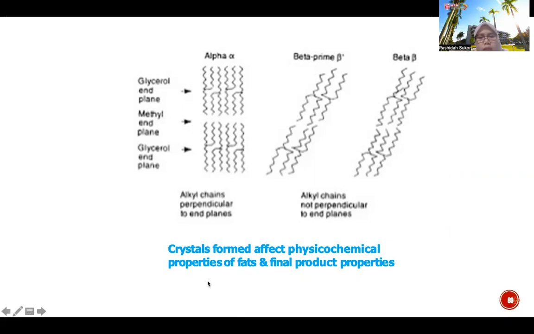There are actually many factors that affect physical chemical properties of fats and final product. Normally, bachelor students will study this type of physical chemical properties in terms of treatment, in terms of what type of technology. I think for your case, you will use the technology for engineering, then study how this technology will have an effect on the food system.